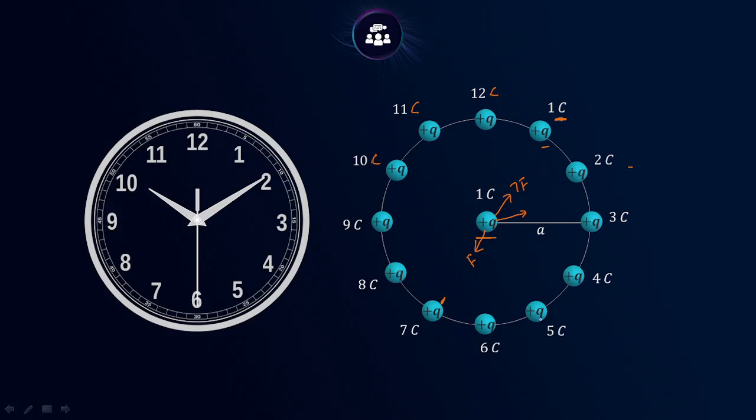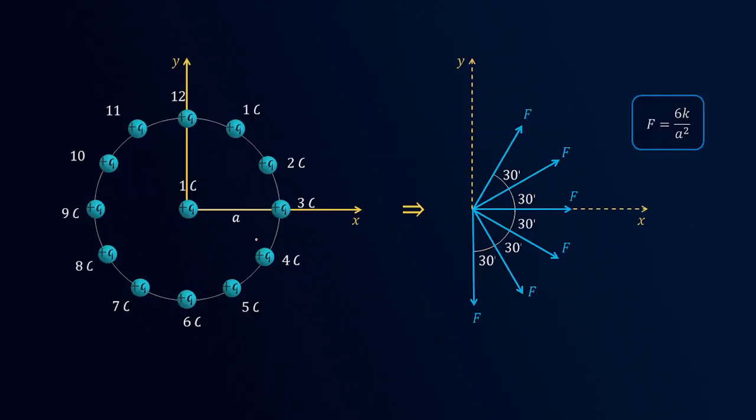Similarly for the fourth, fifth and sixth charge, right? So we can draw it properly. Here due to all the charges, if I consider the net, due to 7 and 1, one simple. Due to 7, net force in this direction is 7F, meaning K Q1 Q2 by R square, so that will be 7F if we consider K Q1 Q2 by R square as F. So net is how much? 6F, right?